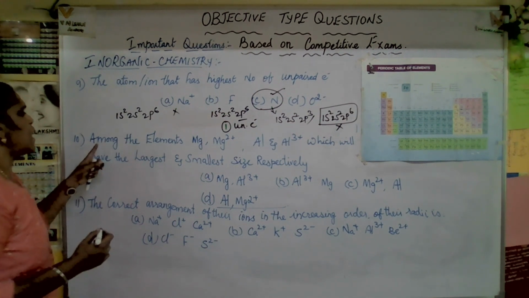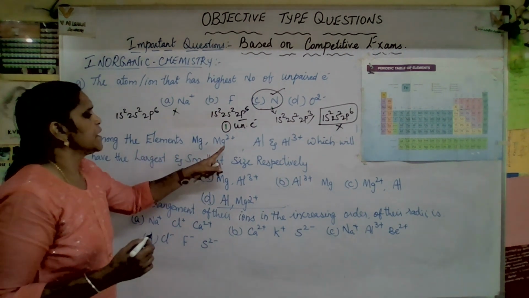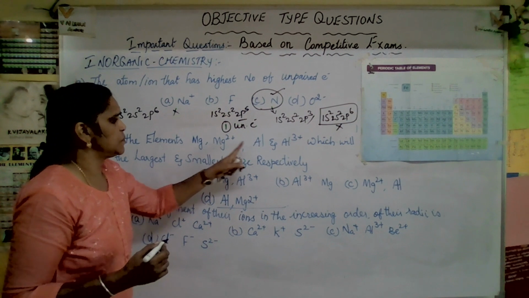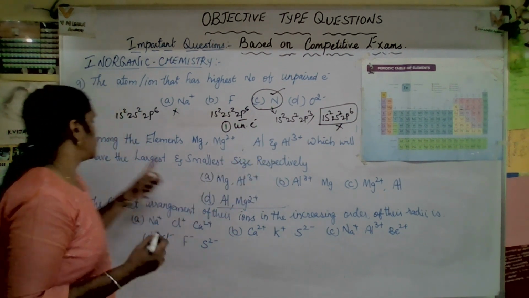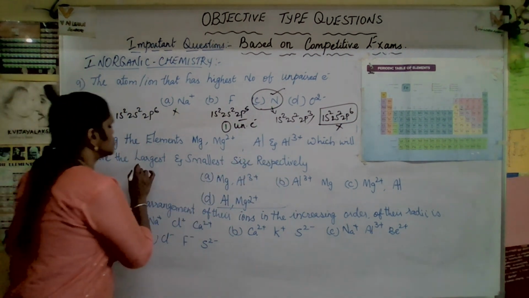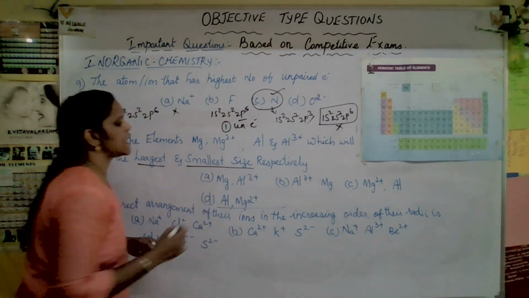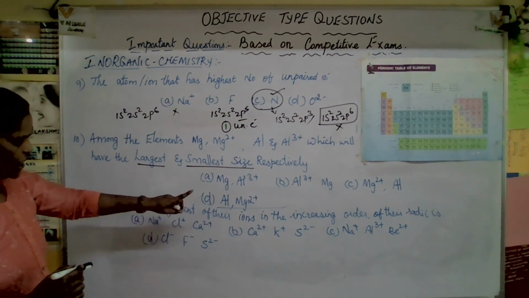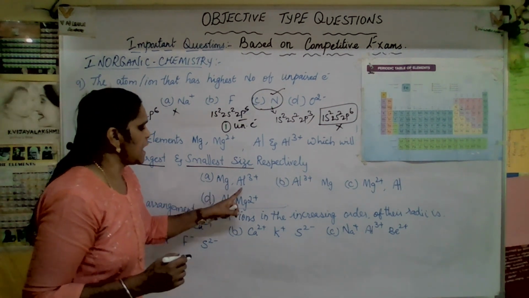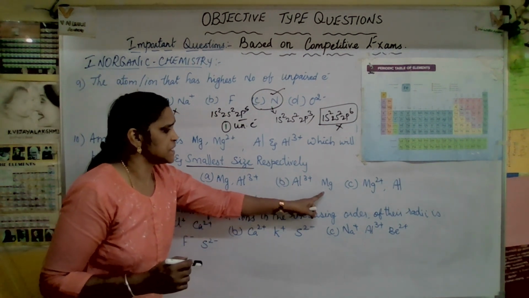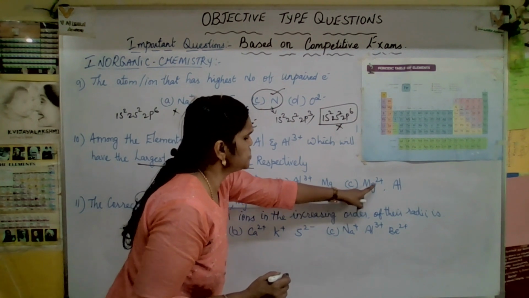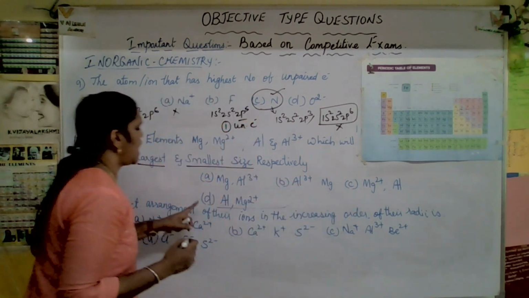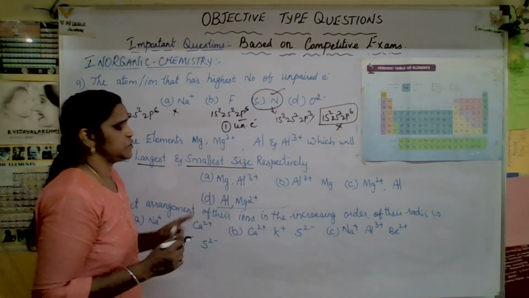Okay, the next one: among Mg, Mg2 plus, Al, Al3 plus, which will have the largest and smallest size respectively? The options are Mg, Al3 plus; Al3 plus, Mg; Mg2 plus, Al; and Al, Mg2 plus.